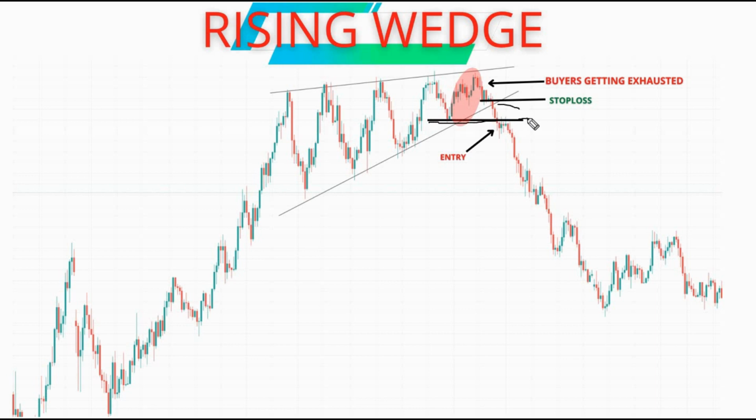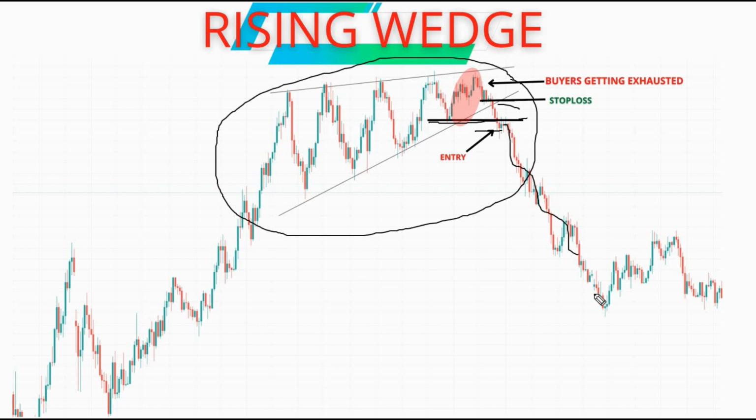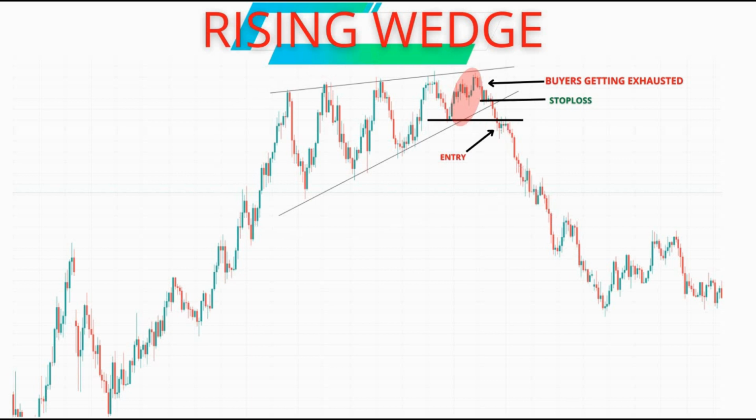So the overall context and background of price behavior is telling us that prices could now go towards the downside. So we'll enter here with a stop loss just above this candle high, and see the huge downside momentum after that. So this is the first example of the rising wedge pattern. Let's look at another example.